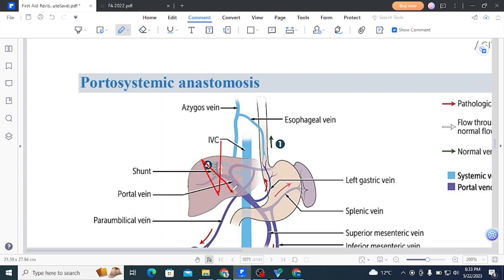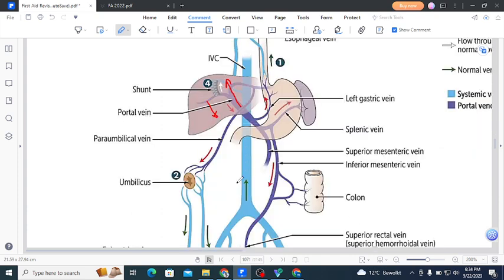Now what happens? The blood from the portal vein, instead of going forward, starts moving backwards. When it moves backward, it will come back all the way to here, and at the junction of the portosystemic area, the blood from the portal vein will start shunting into the systemic circulation, and these anastomotic areas become dilated.